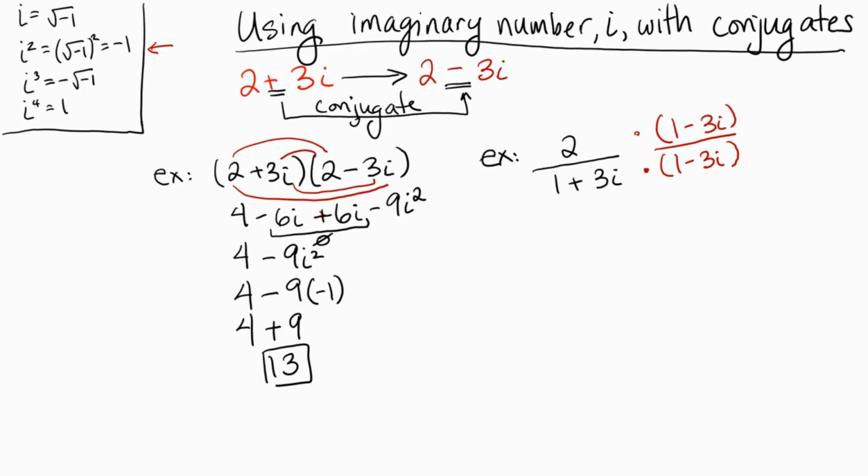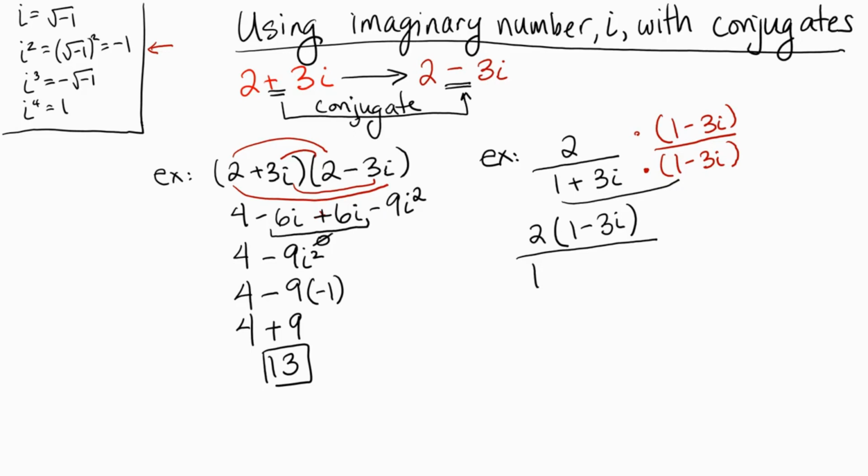And so let's work our way through this. On the top, for now, I'm just going to leave it like this, 1 minus 3i, we can simplify it later. And on the bottom, we're going to FOIL it, right? So 1 times 1 is going to be 1.